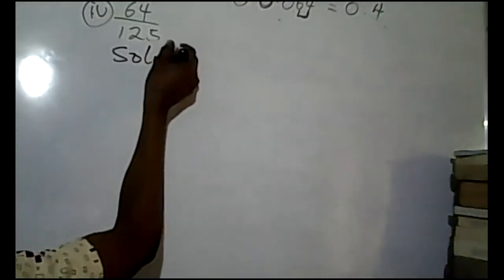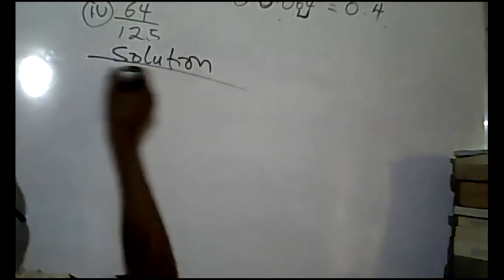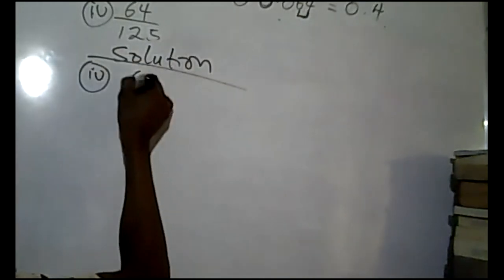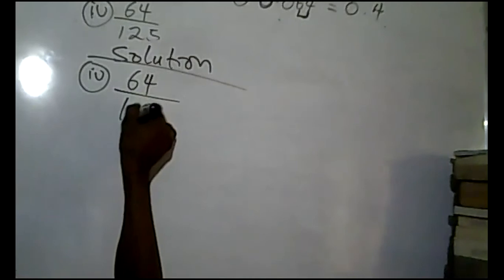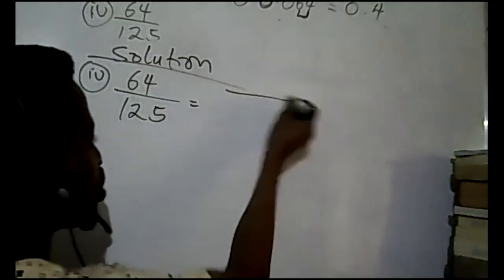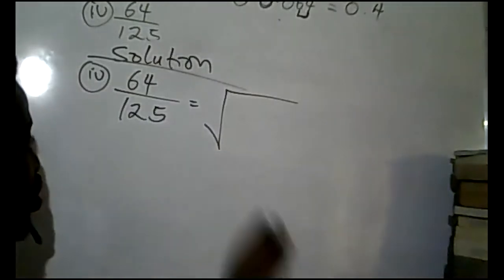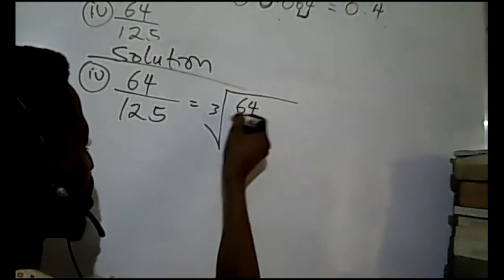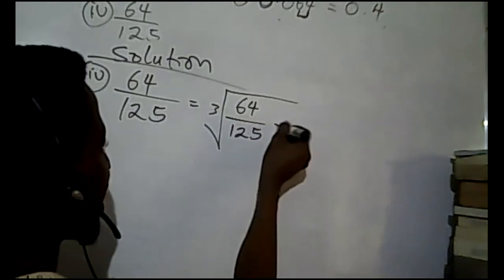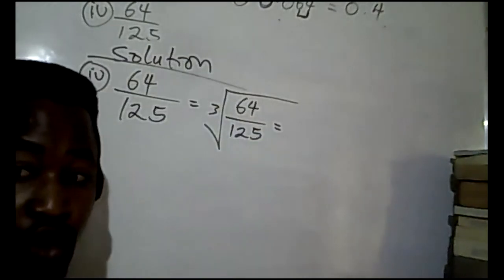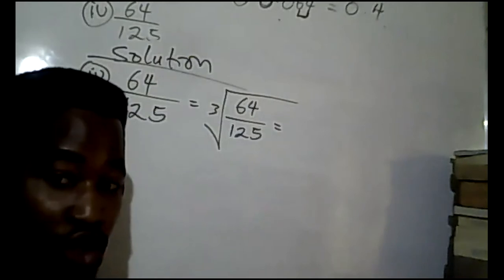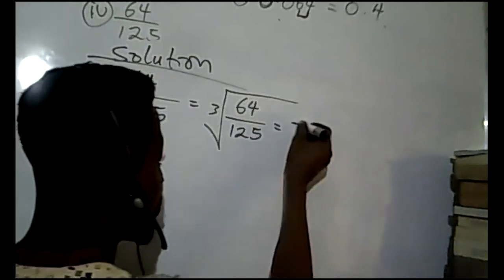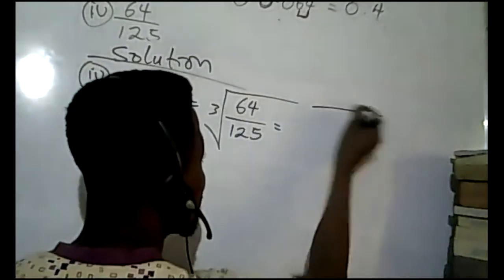All right. The last one is 64 over 125. It's another simple one. Just make sure you put it in cube roots. So you have 64 over 125. We have found the cube root of 64, so there's no need going over that again. So you just simply do this.